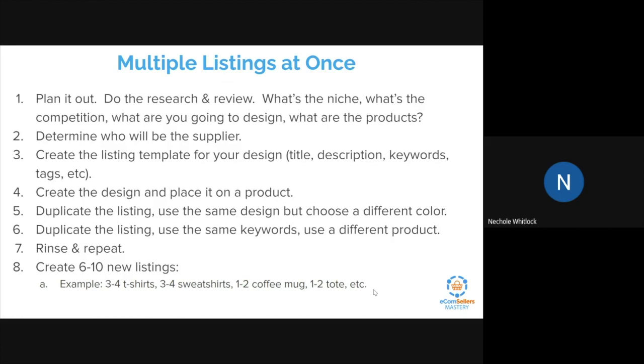So how do I get to that place where I'm able to put up more than one listing at a time? Well, we're going to start way back at the beginning of this journey, which is I got to get comfortable with my design tool. You can choose to outsource creating designs, or you can begin the process of getting comfortable with your design tool.